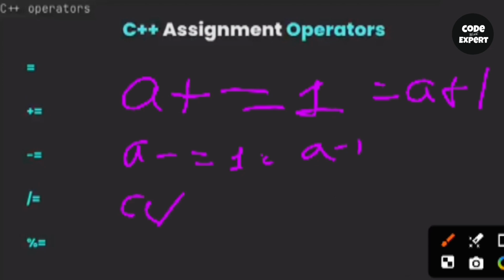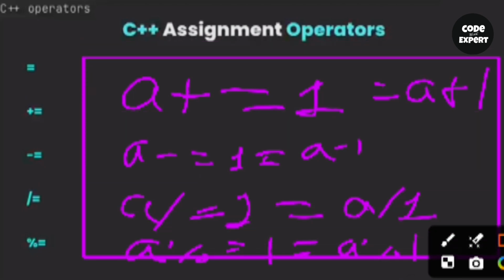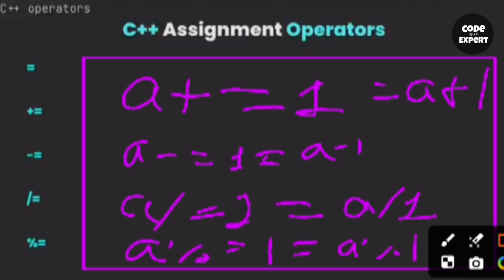If I write a divide equals 1, then it is equal to a divided by 1. And if I write a modulus equals 1, it is equal to a modulus 1. These are the shortcut expressions we can use for the modulus, increment, decrement, or division operators.